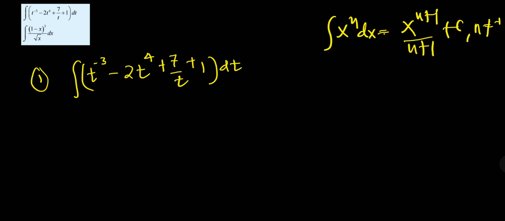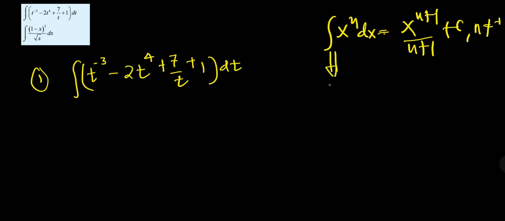But what we need to understand is that this formula varies depending on the variable of the integrand. For example, in our question, the variable in the integrand is t. So we are going to rewrite this formula from variable x to variable t.